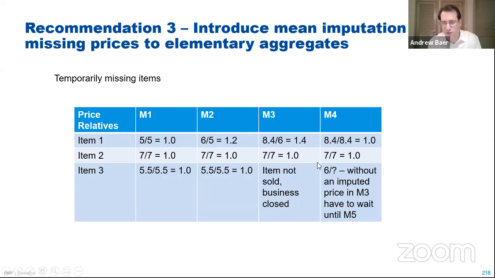It is not a good solution to just assume that the price in month 3 was the same as the price in month 2. That will create a bias in your index. Let me correct that. It creates a bias towards zero change.